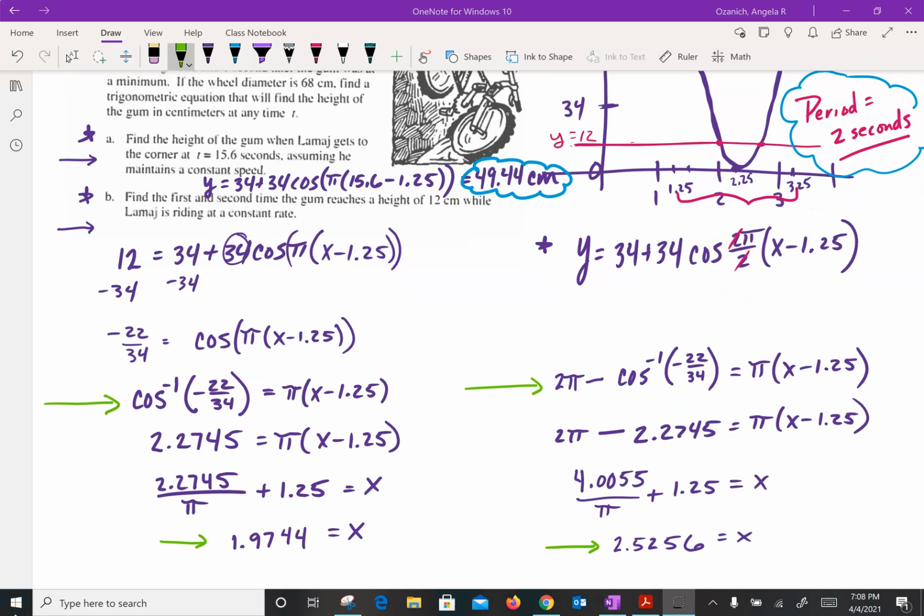All right, so what do you guys think? This is one of my answers, about 1.9744 seconds. And this is one of my other answers, 2.5256 seconds.